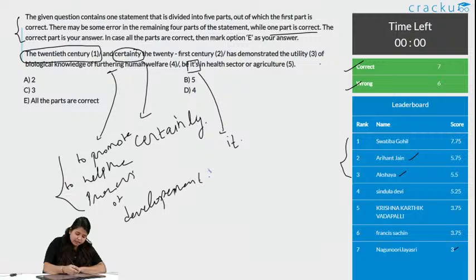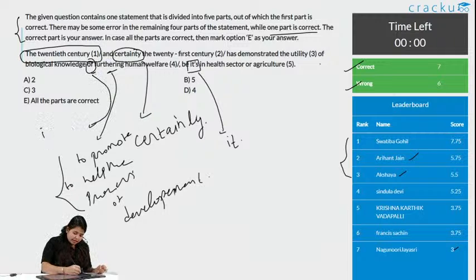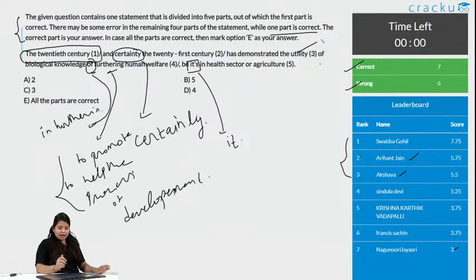Okay, this is furthering. So it should be replaced by in, as in biological knowledge in the process of development or to support the process of development. So this should be replaced by in furthering. So part 3 is correct.